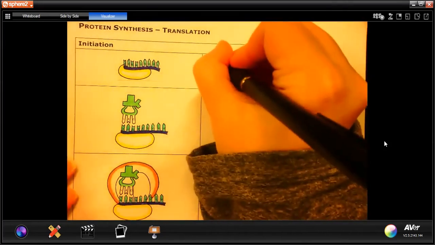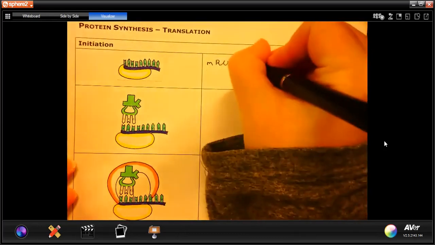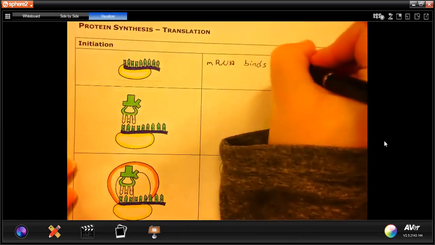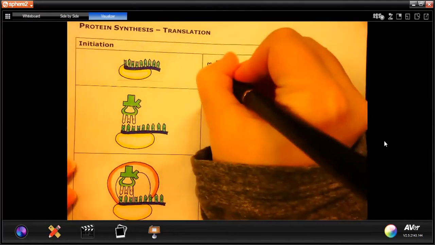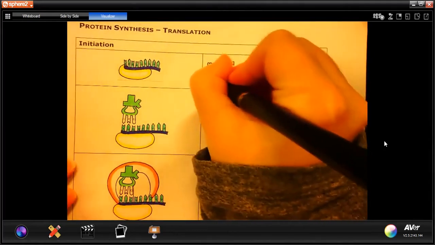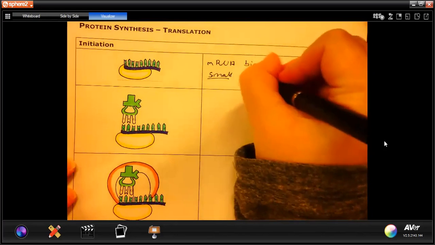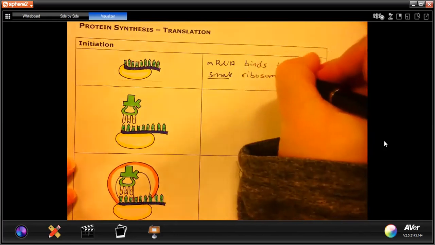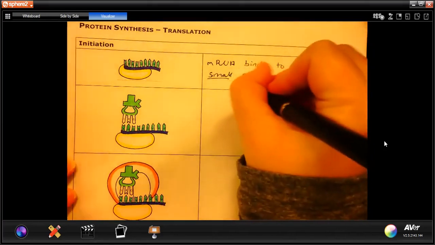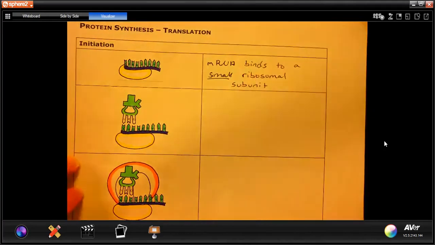is that an mRNA binds to a small ribosomal subunit. That is the first step of initiation. mRNA binds to a small ribosomal subunit.